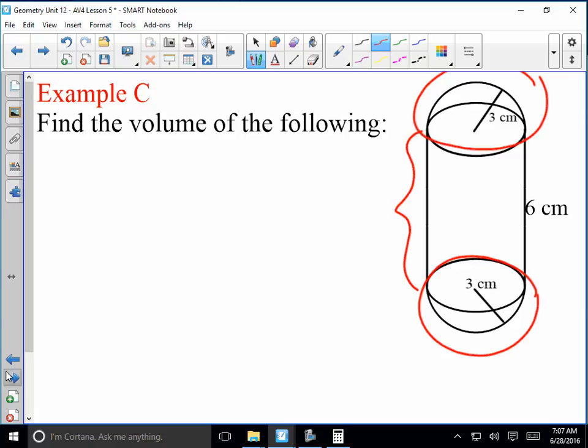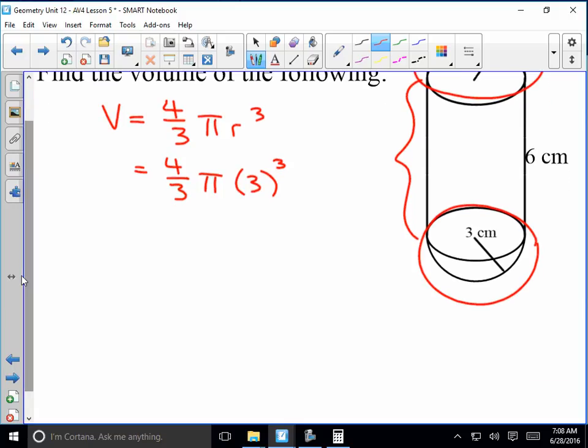So if I want to find the volume of this shape, I have two hemispheres, so I can use one sphere formula, because I can bring those two hemispheres together. Plug in the radius of that sphere to get that value. But now I also have to do the volume of the cylinder.